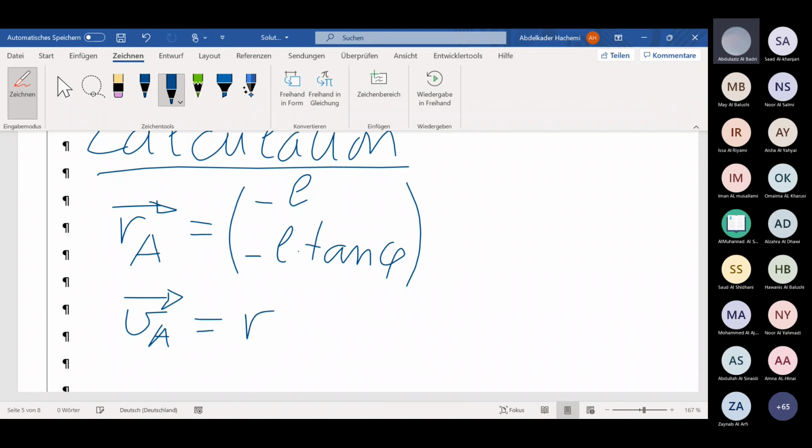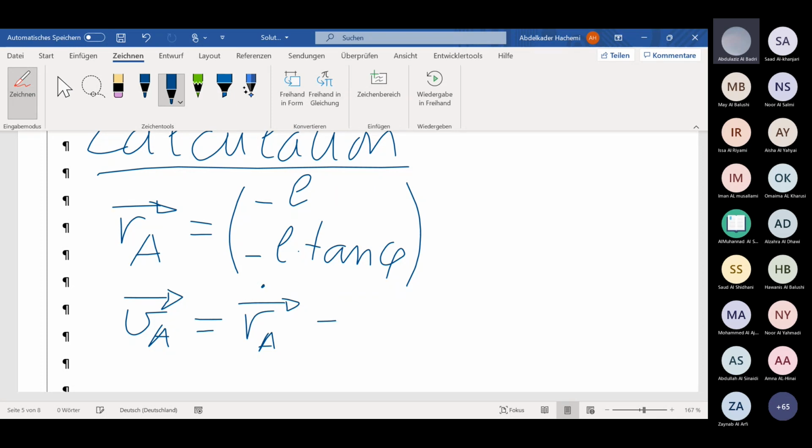Now, what we know is RA dot. This is the time derivative of the vector position. VE is only R, the vector position, and we make the time derivative.